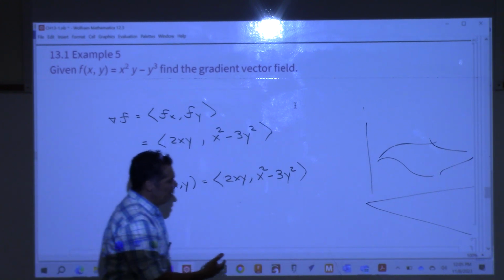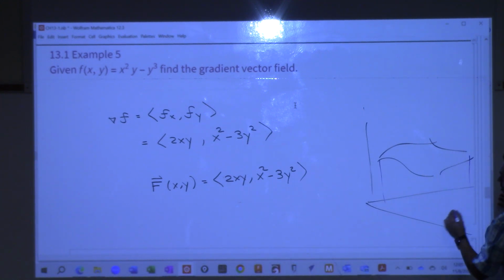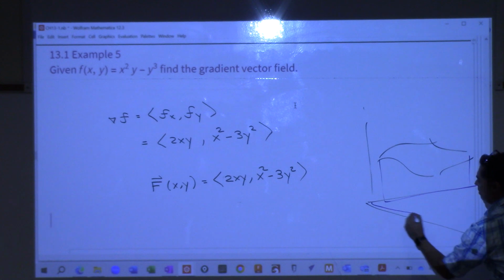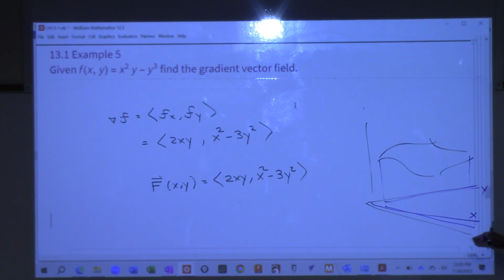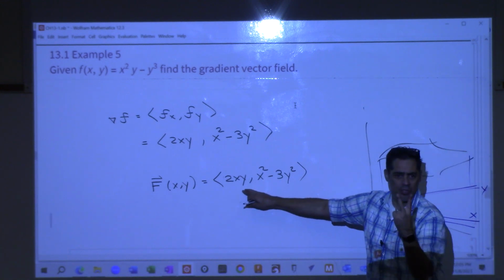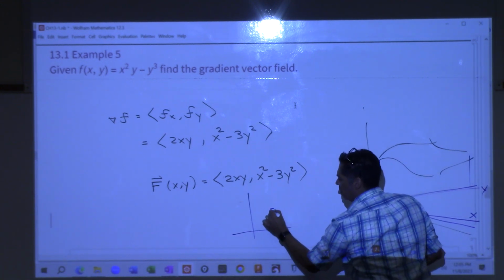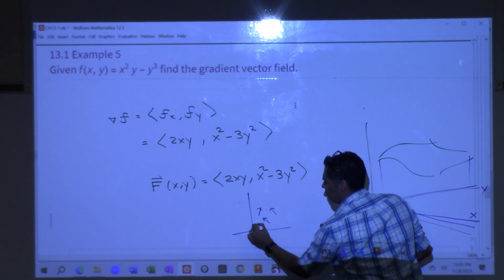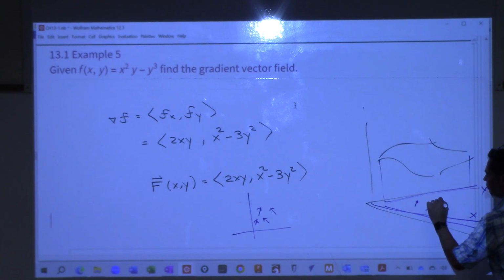Well, if we go and look at the domain of this on the ground, the domain down here is two-dimensional, right? You've got the x, you've got the y. This vector field is two-dimensional. So if I were to ask you to graph this vector field, you'd get little vectors all over the place, wouldn't you? Those vectors live on the ground over here.